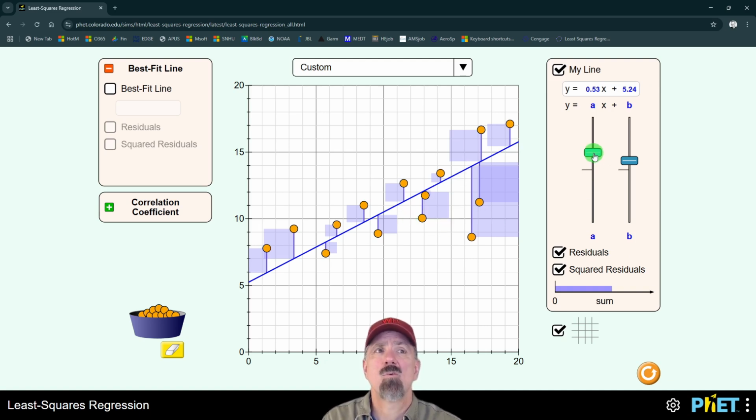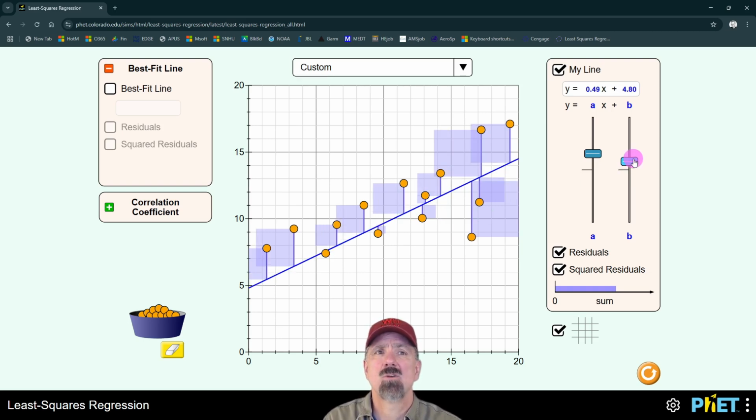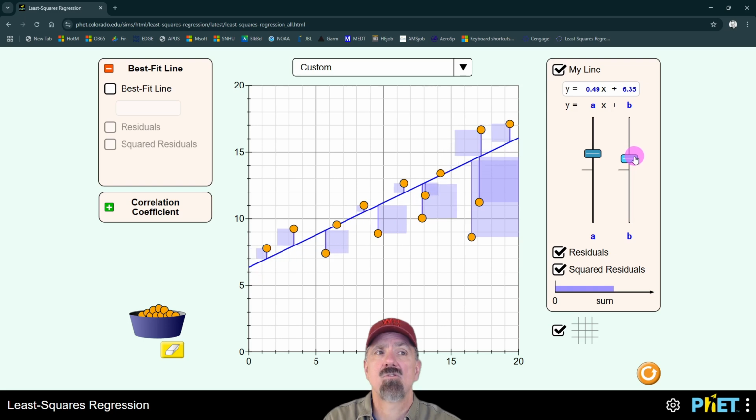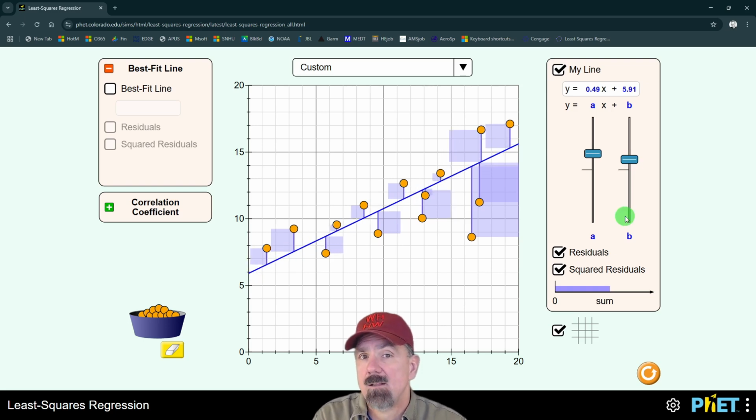But maybe we don't have the right slope. Maybe our slope is too steep and we want to decrease the slope a little bit, and you can see the sum is dropping again. And so now the sum is minimized right about there, and we could shift our line up or down. So instead of playing this game of trying to find out what the best error is, we can just use linear algebra.